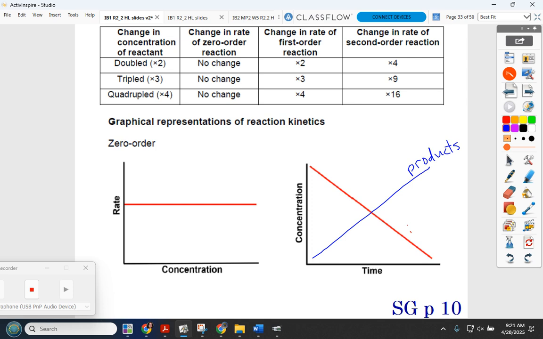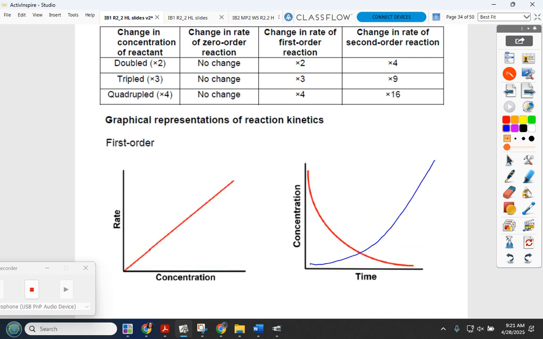Okay, so we would just end up with a straight line concentration versus time graph, whether we're looking at the reactants or the products, and a flat line rate versus concentration graph. If it was a first order reaction and we doubled the concentration, we would also double the rate.